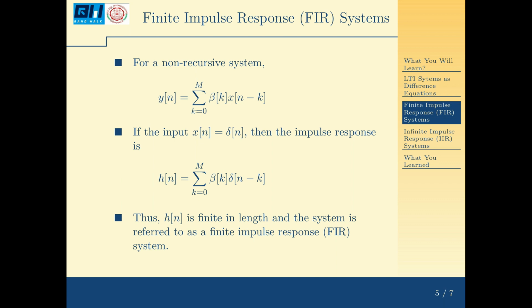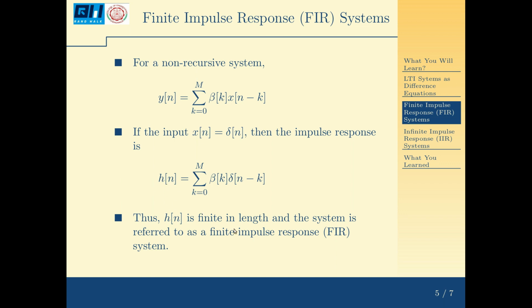So such a system is called a finite impulse response system. That is, the length of the impulse response is finite. It does not depend on any past outputs. It depends only on the input and past input values. Here the length of beta k or h[n] is finite.